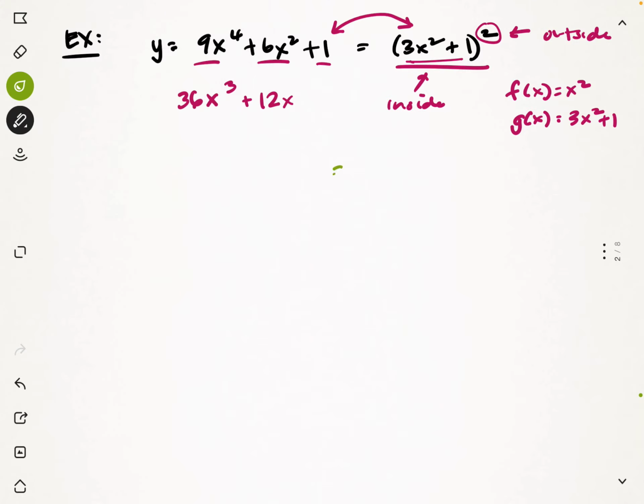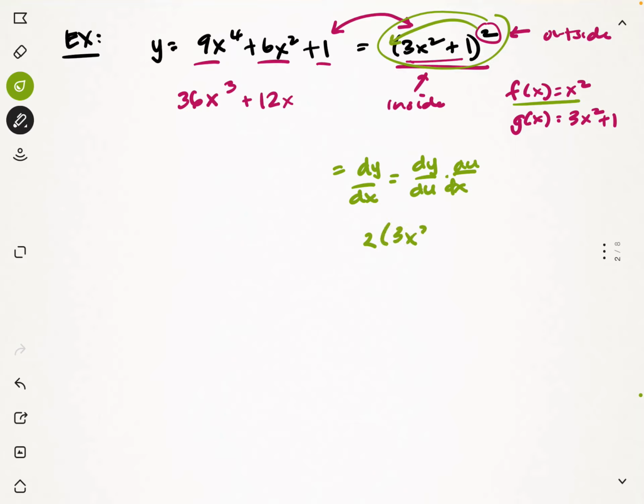All right, so what the chain rule says is the derivative of y with respect to x is equal to dy du times du dx. So the derivative of this part, this whole thing, applying the power rule, we drop down the 2 again in front, so 2, the inside stays the same, and then we subtract 1 from the power, right?